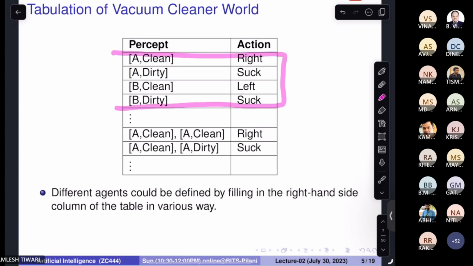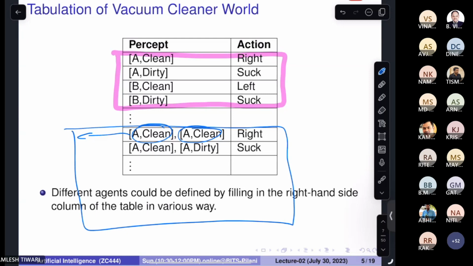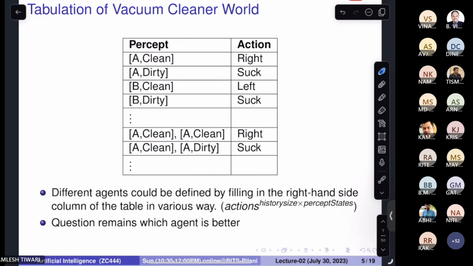But we have seen that this agent function has some issues. So what we can do is incorporate some memory also. Let's assume that I have taken 2 memory. But how much memory do I have to take? We have to see about that. Based on that, this size increases.